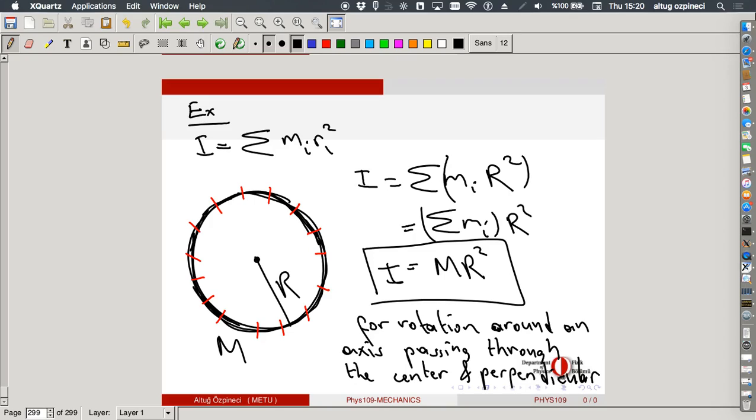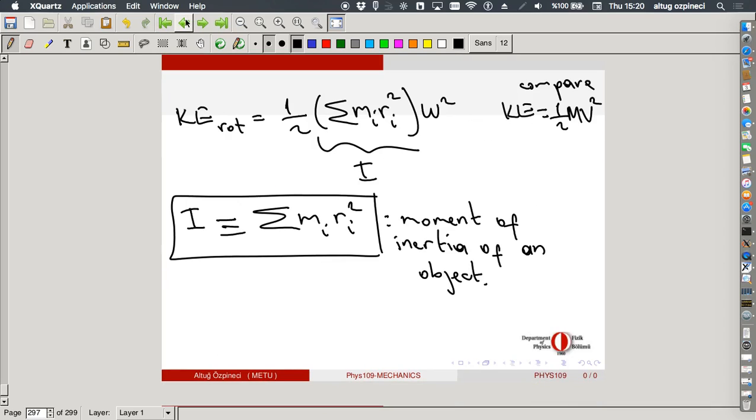Why R squared? Well, that is what comes out. We didn't define it a priori. We were interested in calculating the kinetic energy for a rotating object, and we just saw that the kinetic energy could be written in this form if we have a rigid body.